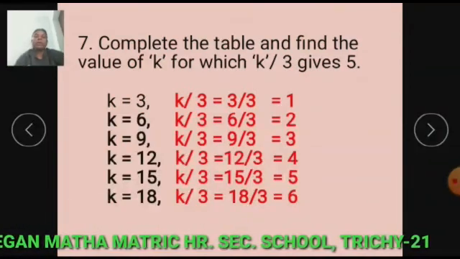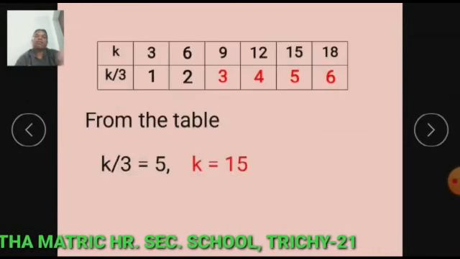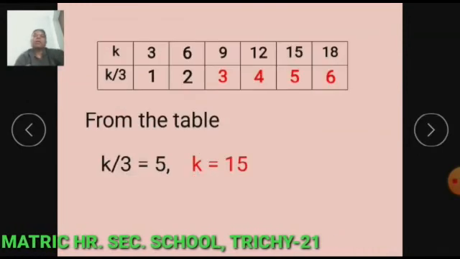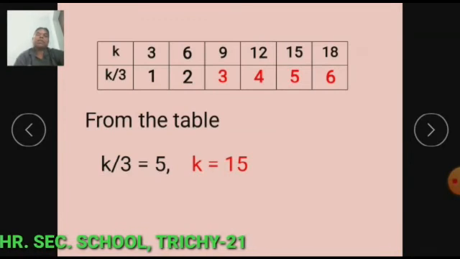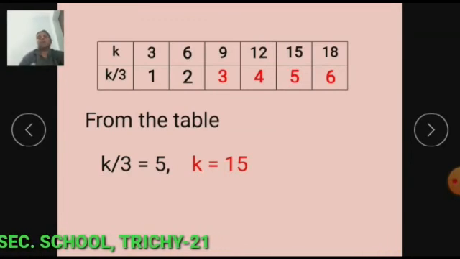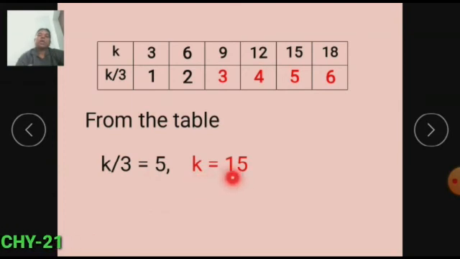Now we fill the answers in the given table. The k and k by 3 values are tabulated. k by 3 equals 5. So k equals 15.